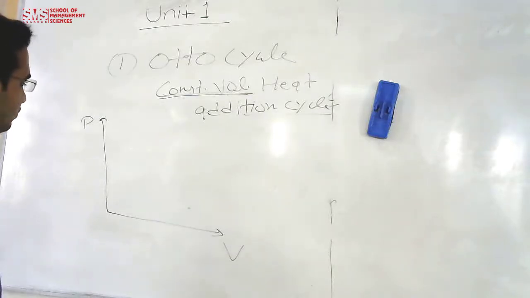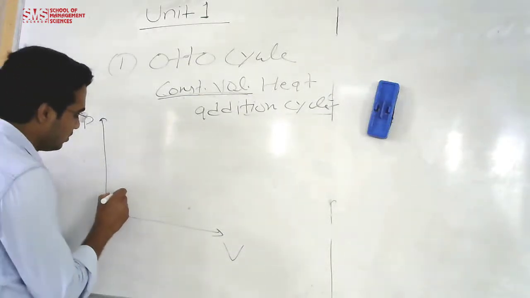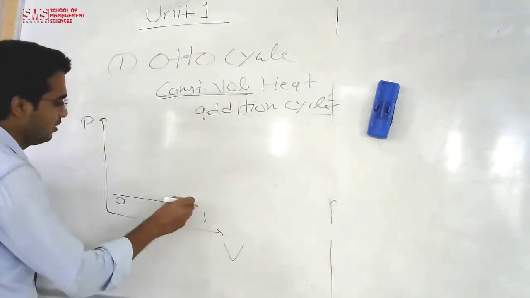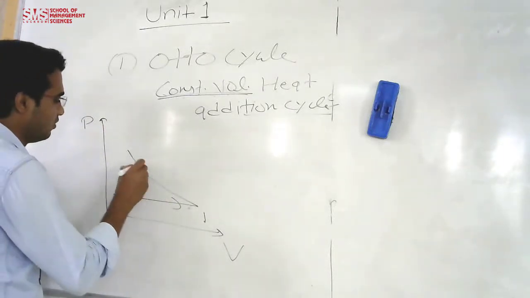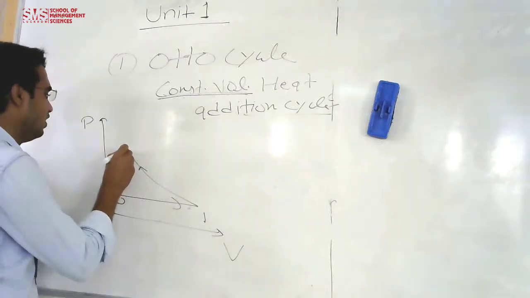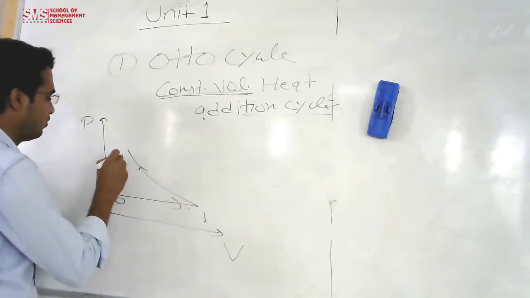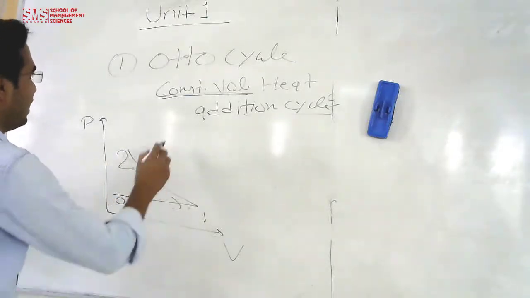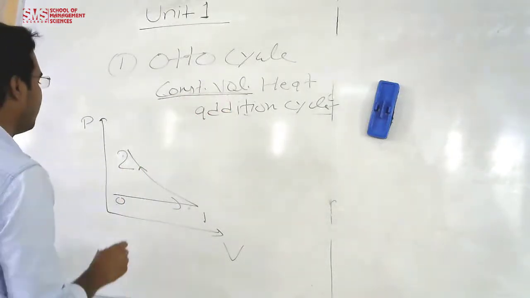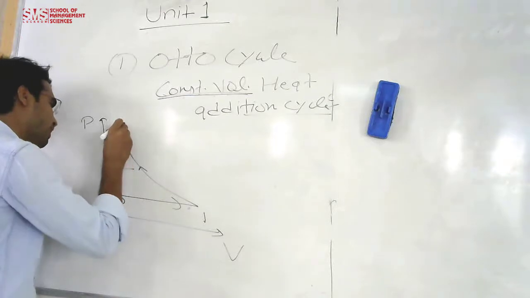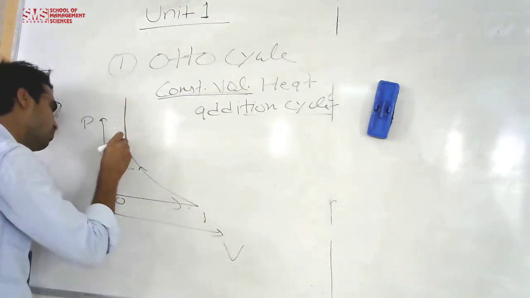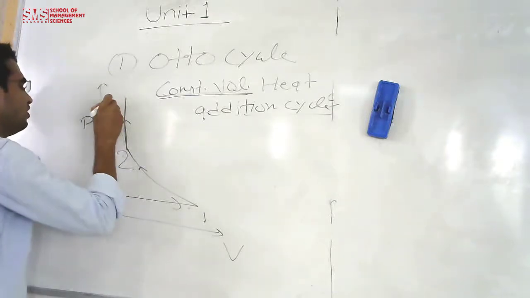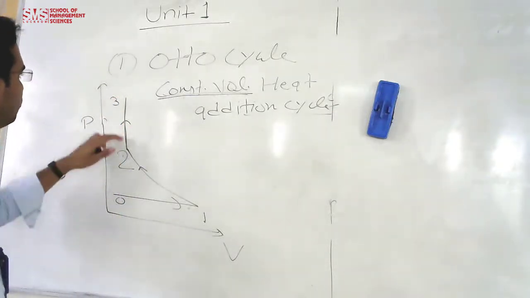0 to 1 is your suction, 1 to 2 is your compression. As heat is added at constant volume, here I am going to add the heat at constant volume, 2 to 3.